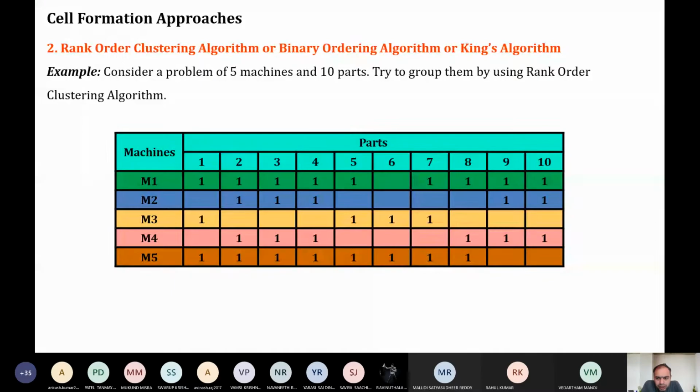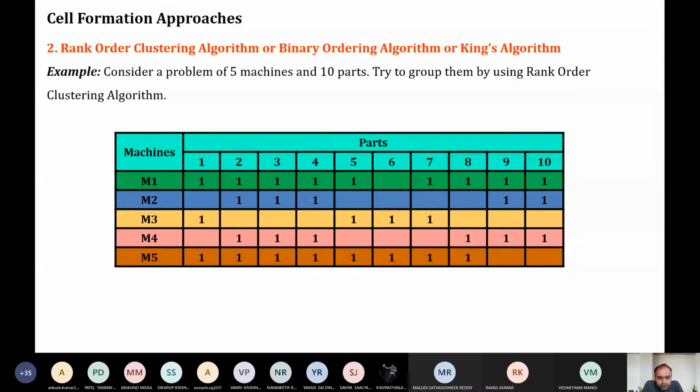Part number 10 uses machine 1, machine 2, and machine 4. As you move along the rows or columns, you can identify which part uses which machine, or which machine is required for manufacturing a particular component. This will help you understand the concept.